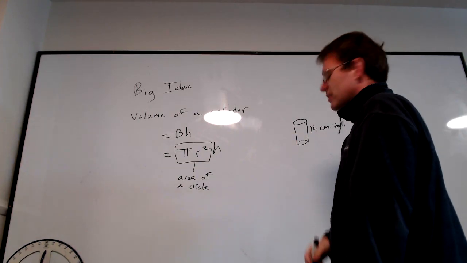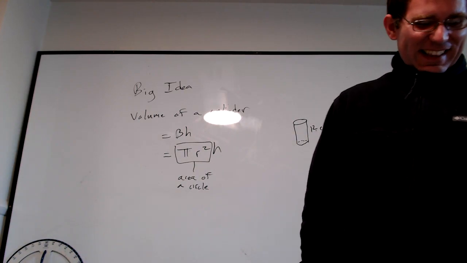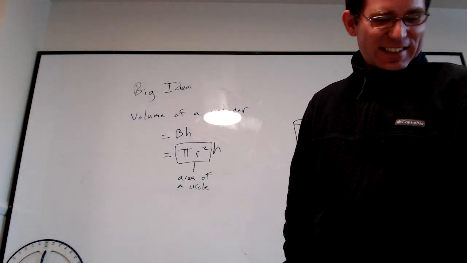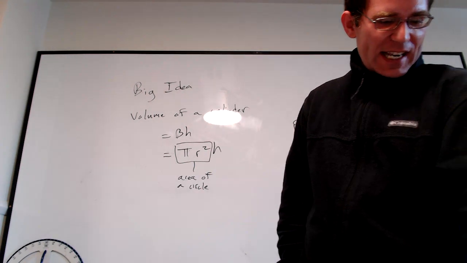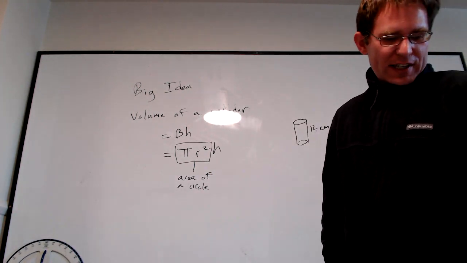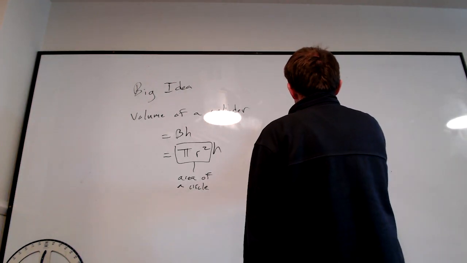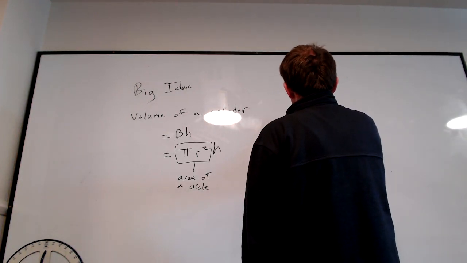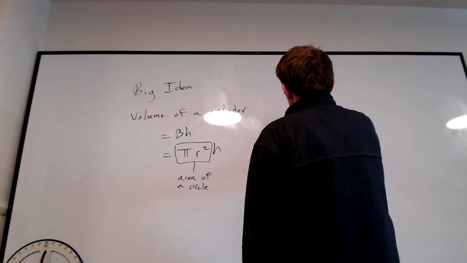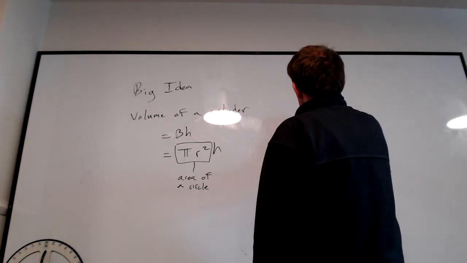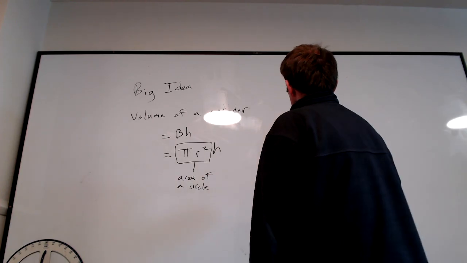Not very tall. That's pretty tall, actually, isn't it? Not bad. Okay, it has a radius of 3.2 centimeters. So the radius is 2, or what did I say it was? 3.2. 3.2 centimeters.